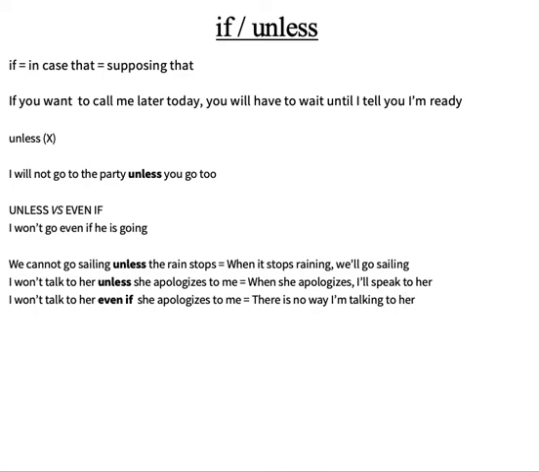Okay, all right. One more example, guys, which is you won't be able to find the house. You get help from your GPS. So would you say if, unless, even if? You will not be able to find the house unless you get help from your GPS.